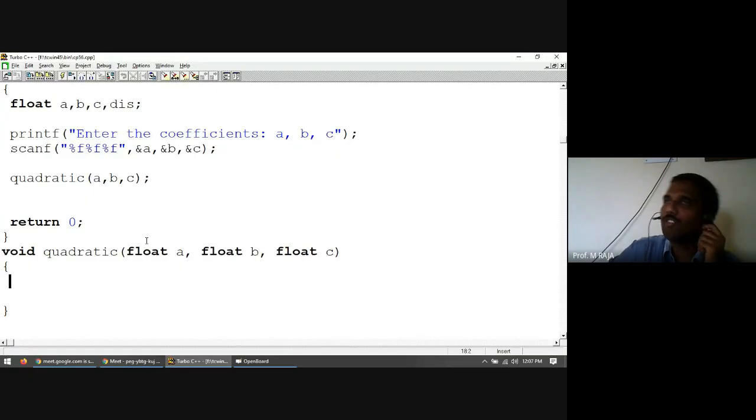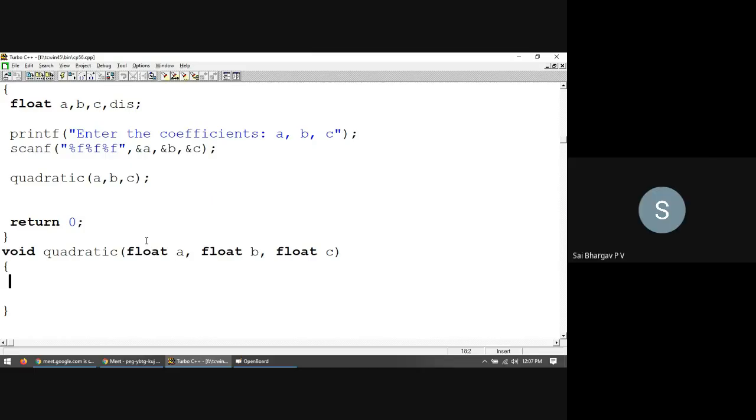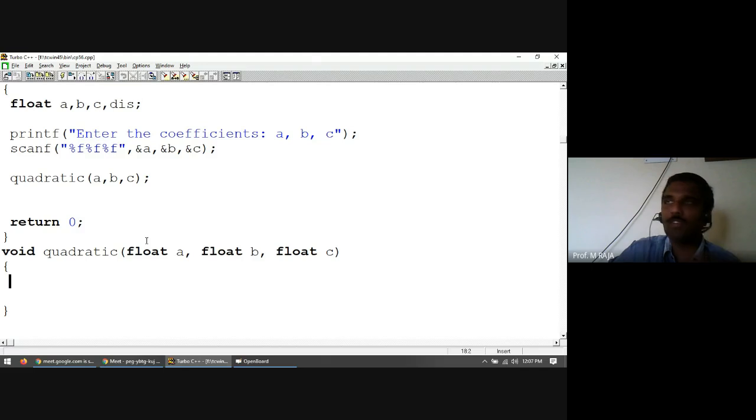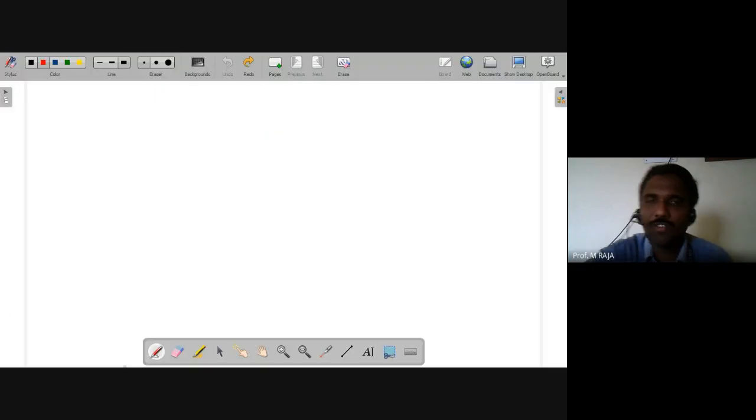What is our next step? In unit number 1, please recall that we have already explored the quadratic. Sir, you have to go with the formula, sir. Yeah, we have to go with the formula, correct. So in the formula, first we need to find the computation, since ax square plus bx plus c is equal to 0.